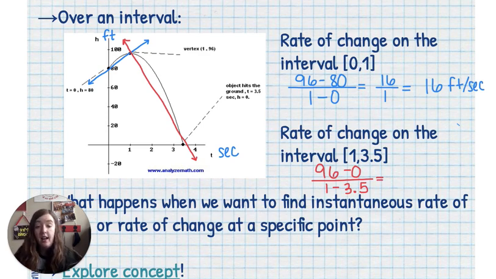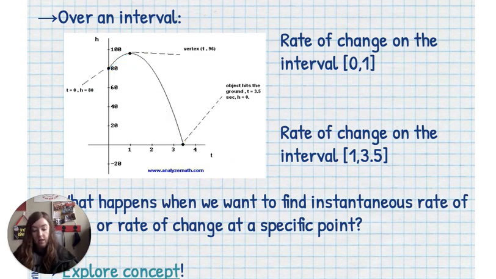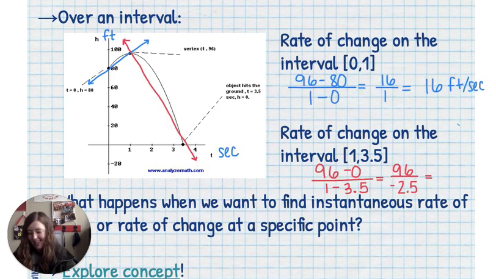So we'll take 96 minus 0 and get 96. And then we'll take 1 minus 3.5 and get negative 2.5. Then we'll go ahead and take 96 and divide it by negative 2.5.